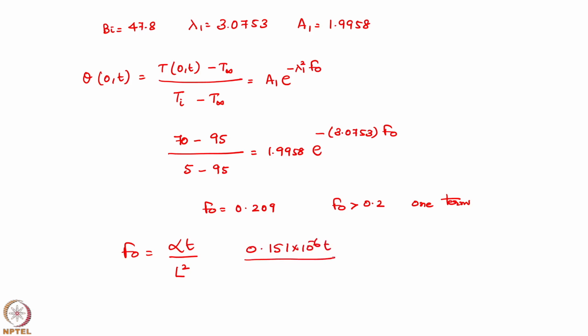Here L squared is going to be R naught squared, where R naught is 5 into 10 to the power of minus 2 divided by 2, so it is 2.5 into 10 to the power of minus 2, whole squared, is equal to 0.209.